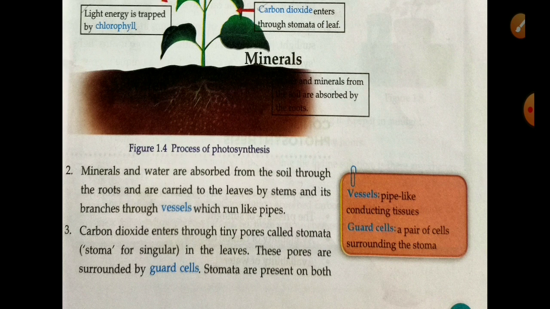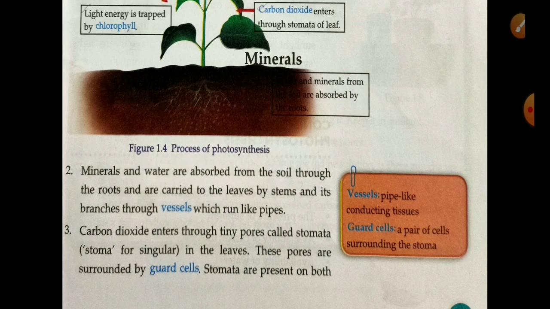Vessels are like hollow refills inside. We can say pipe-like or pump-like structures which carry the water and minerals upward to the stem, and after the stem they go to the leaves.